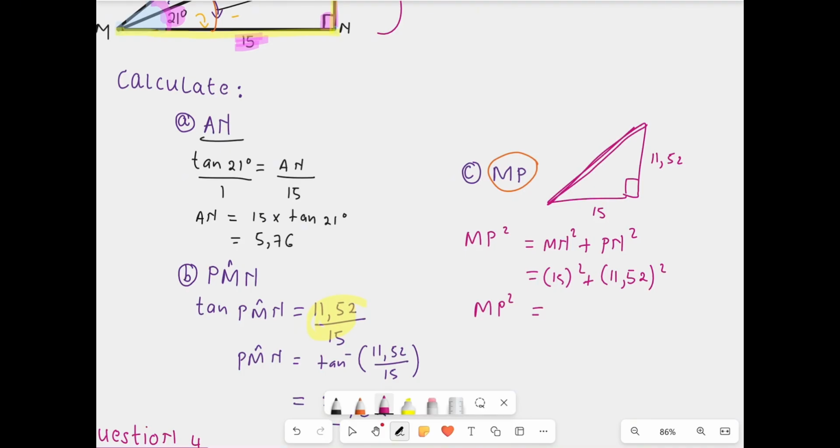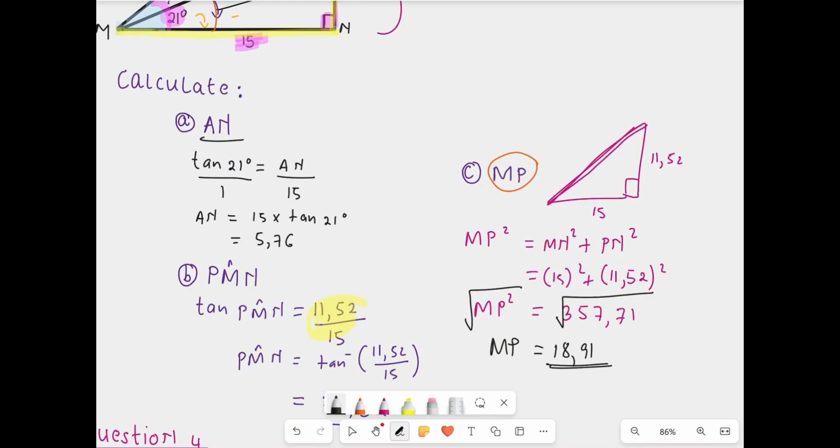And then from here, our calculator will give us our MP squared as 357,71. And then we are not looking for MP squared, but we are looking for MP. So we are going to put a square root on both sides. So our MP is equal to 18,91. That is your MP.